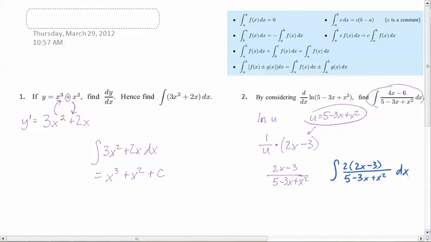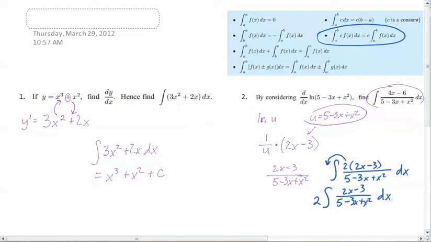We want the rule for the integral of a constant multiplied by a function, this one right here. There's our integral. If we have a constant which is being multiplied by a function, that's this 2 being multiplied by my function, I can pull that 2 out and put it outside of the integral. So now I have 2 times the integral of 2x minus 3 over 5 minus 3x plus x squared dx.